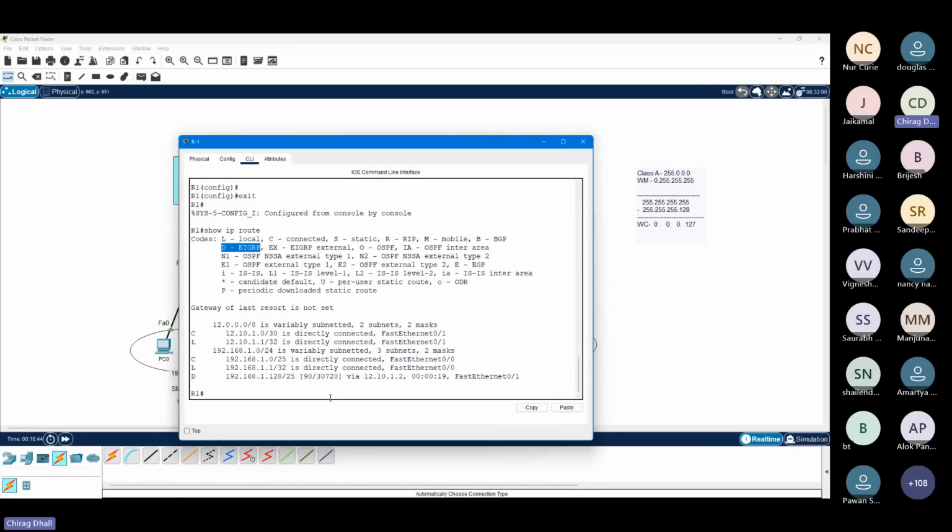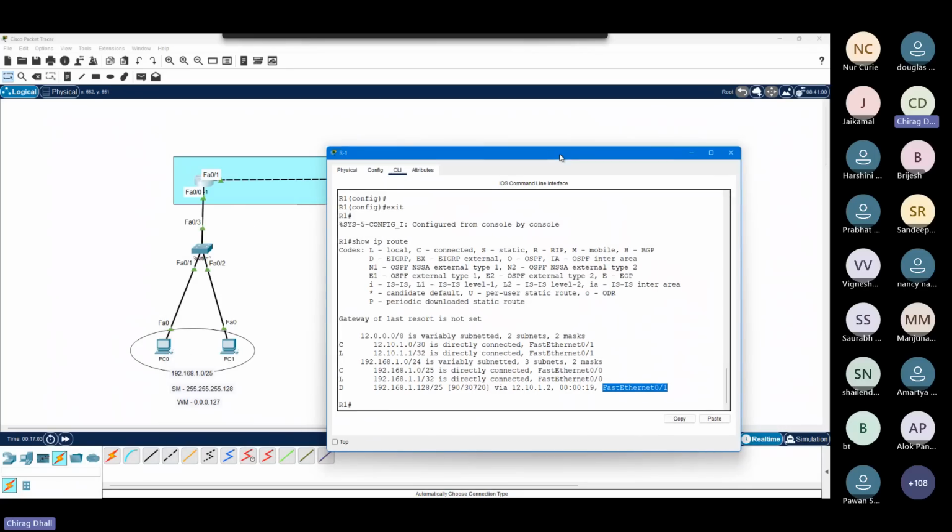Then the AD value is 90 and the metric calculated is 30,720. It is reachable via 12.10.1.2. This is the time for which the route has been installed in the routing table. Exit interface is Fa0/1. What is the exit interface? It is where the packet will exit to reach this destination.